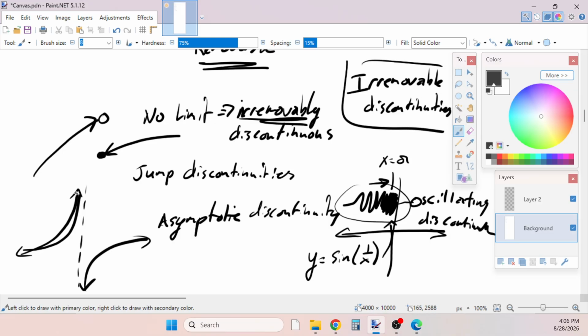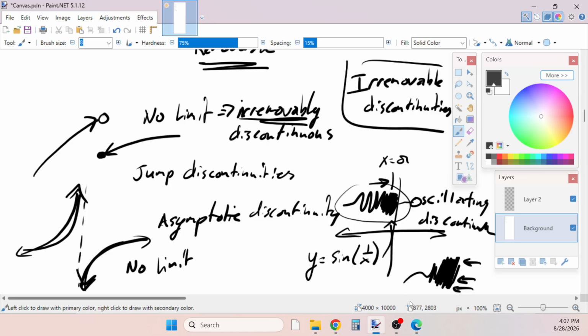Again, there's no single y value that's being pointed at by this function, so there's no limit. And again, as with an oscillating discontinuity, you can't tell: does it point to that y value or this one or this one?